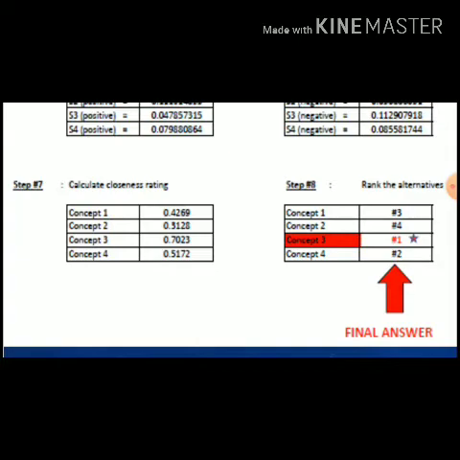And straight away you come to step number 8, ranking the alternatives based on the closeness rating. Concept number 3 is on the first rank, followed by concept number 4, then concept number 1, and lastly concept number 2.